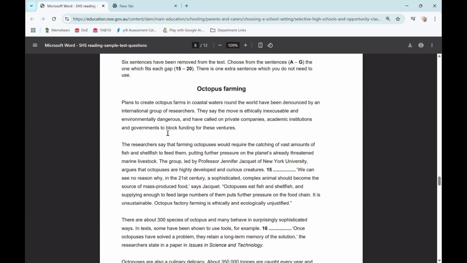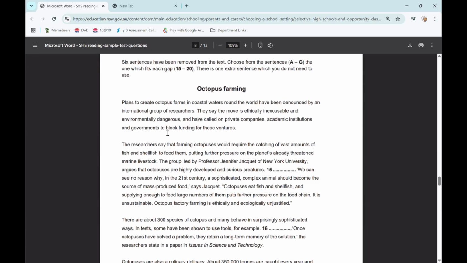This text is a persuasive text because it's talking about how this plan to make octopus farms is not acceptable. People should not do this because it's ethically inexcusable and environmentally dangerous.